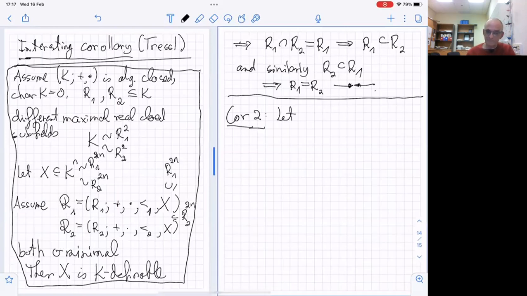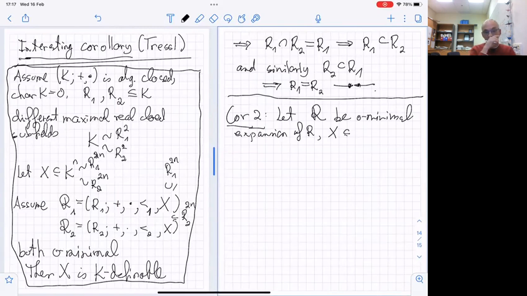Let R be an O-minimal expansion of R, let's do it all over the reals, although it works in any, plus times X, in C to the n, an R-definable set.